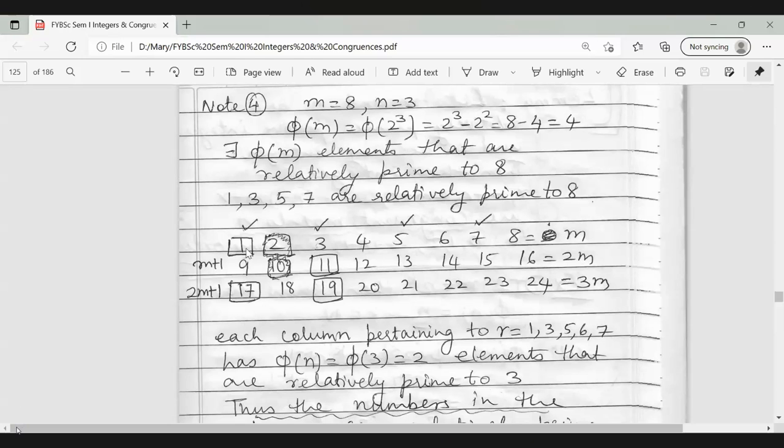Okay, so actually what happens, see 3 numbers है ना, that will be same as 1, 2, 3. Okay, जो भी number है, तो इसमें 1, 2, 3 जब भी लेंगे तो φ of 3, that means 2 elements that are relatively prime to 3. So each of these will have φ of 3, means φ of 2.